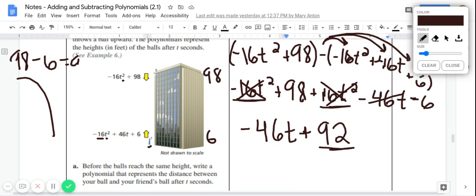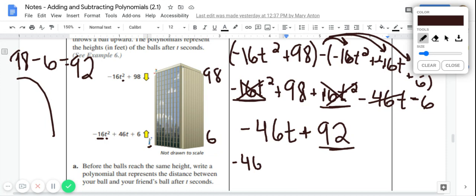Now let's talk about what each of these terms mean. So this 92, we already figured out. Remember this 98 minus 6 was 92? This is the starting distance between the two balls. So they start 92 feet apart.